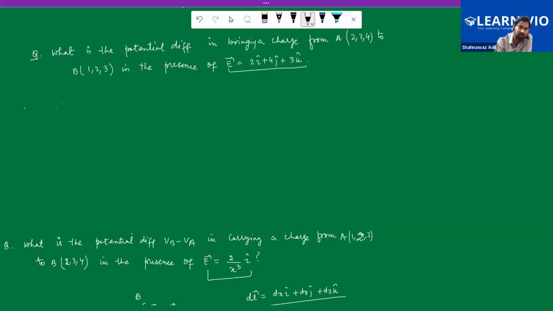So the question is that we want to calculate the potential difference VB minus VA.